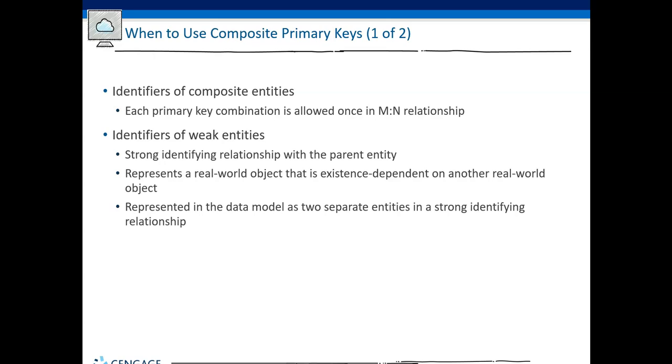If an entity has as part of its primary key the primary key of another table, then it's a weak entity. So an example would be employee and dependent. If the employee primary key is like 1, 2, 3, 4, and that's their ID, and the dependent of that employee is 1, 2, 3, 4, 1 for the first child, 1, 2, 3, 4, 2 for the second dependent, and so on.